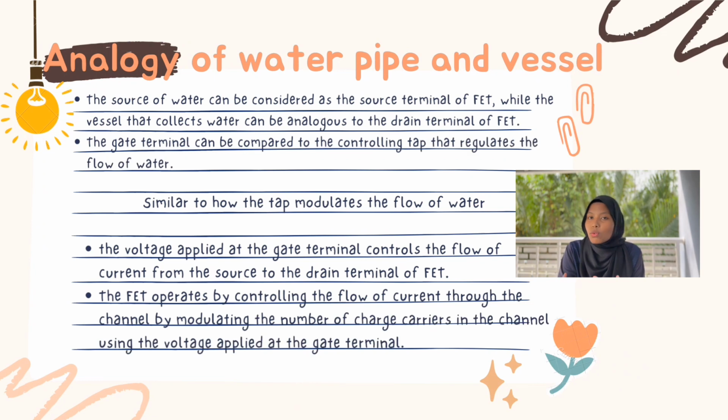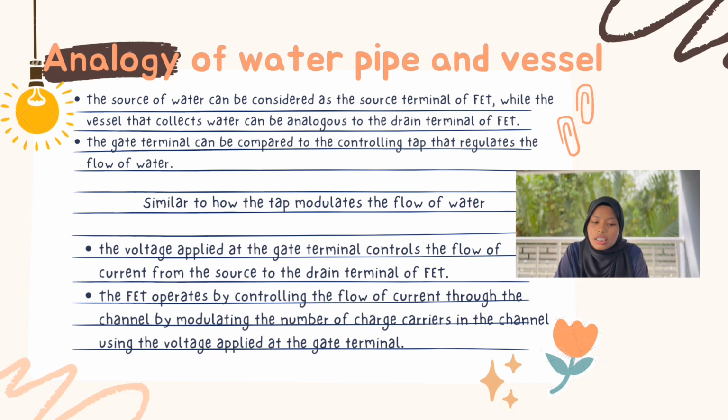To explain the working principle of FET, the analogy of water pipe and vessel can be used. In this analogy, the source of water can be considered as the source terminal of FET, while the vessel that collects water can be analogized to the drain terminal of FET. The gate terminal can be compared to the controlling tap that regulates the flow of water.